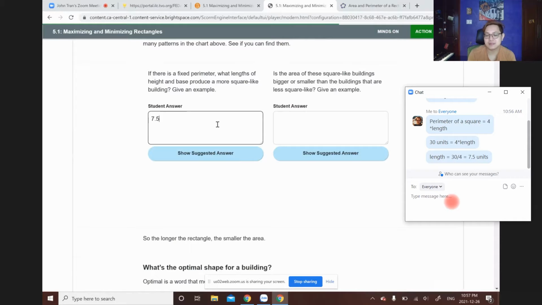Let's just take 30 as the perimeter. Okay, so 7.5. 30 divided by 4 is 7.5 units, right?